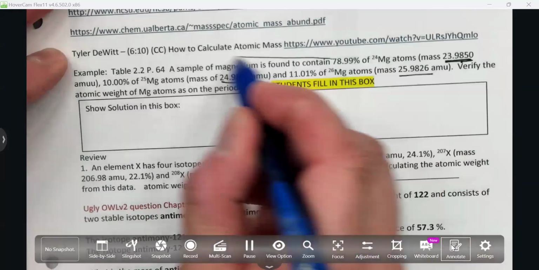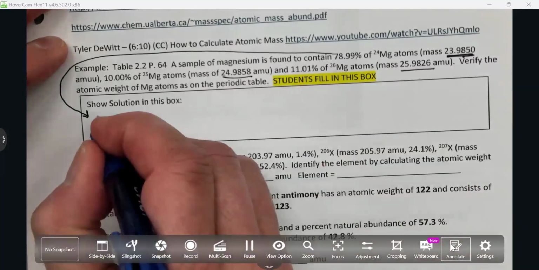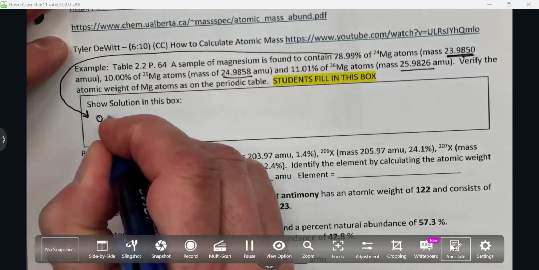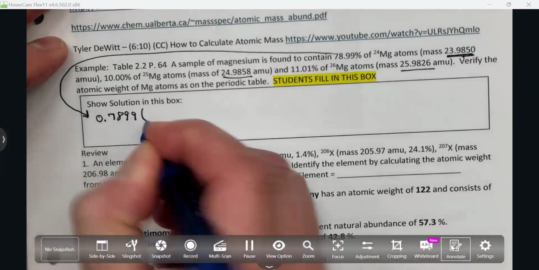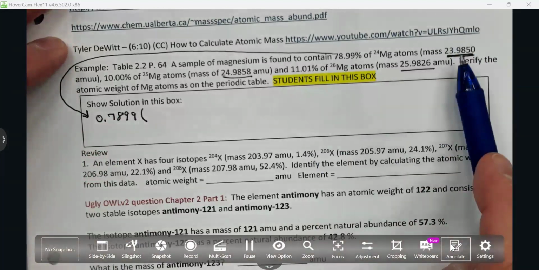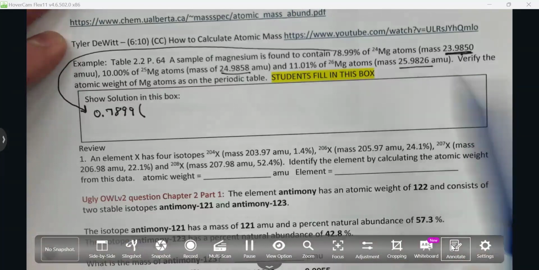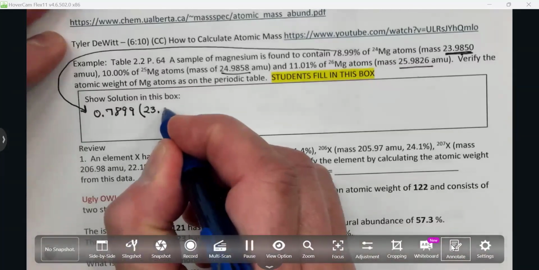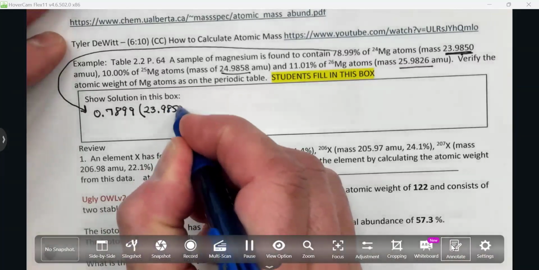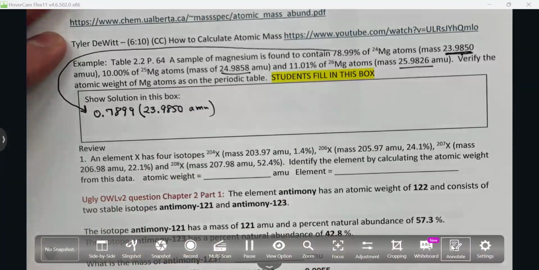So we're going to take this percent, change it to a decimal. So we get 0.7899. We're going to multiply that by our mass of 23.9850 AMU.